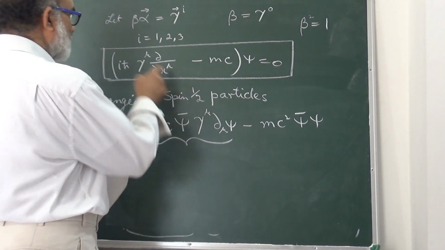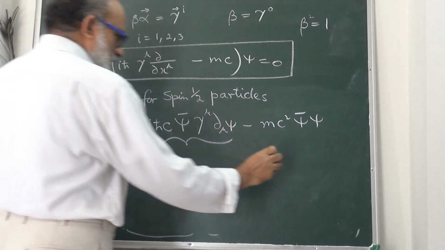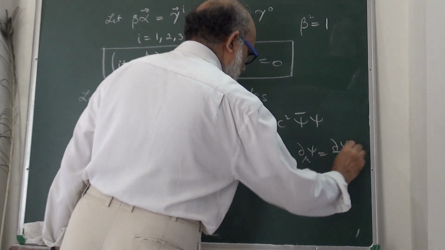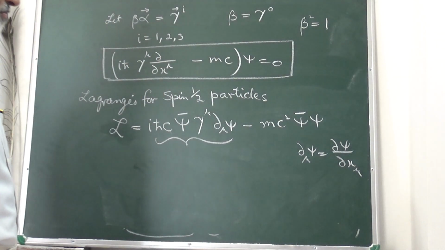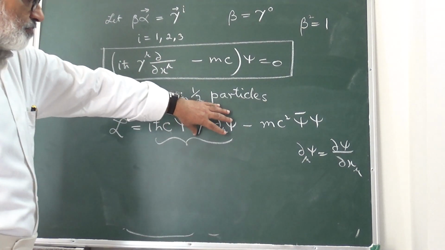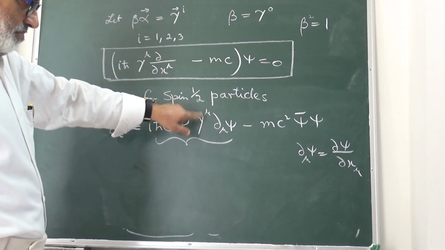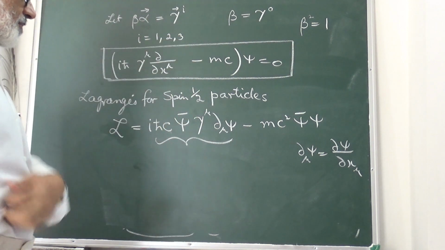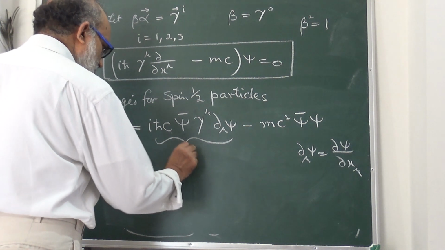This is the same gamma and this is actually del mu means del. This is the same here, and this picks up the particular gamma values for different mu, because this has 4 equations, and so this is the kinetic energy part.